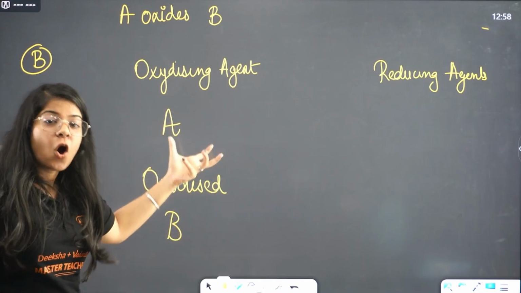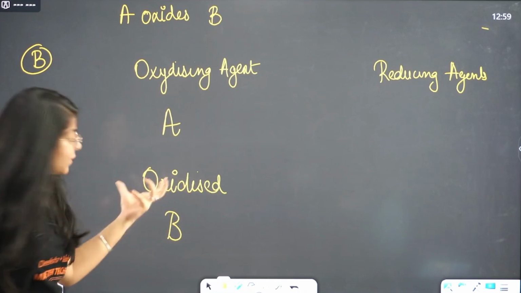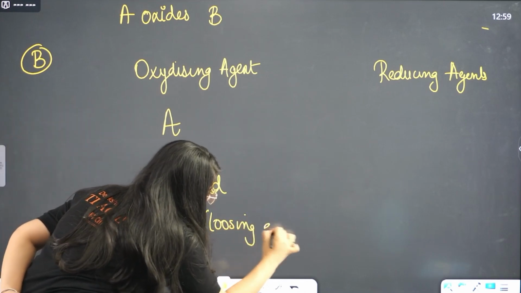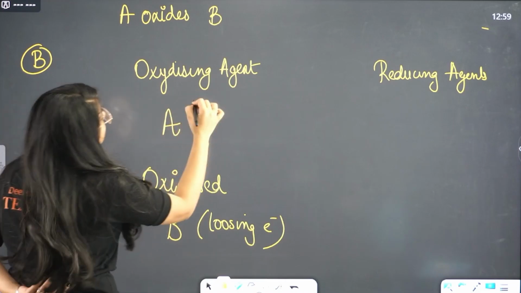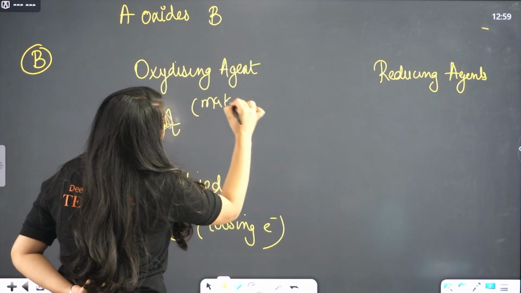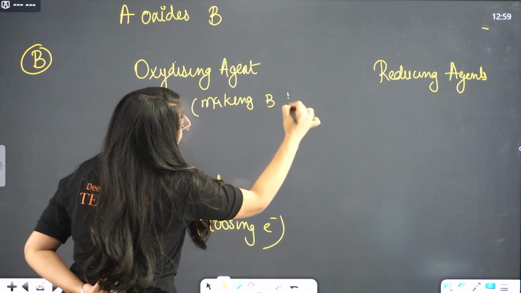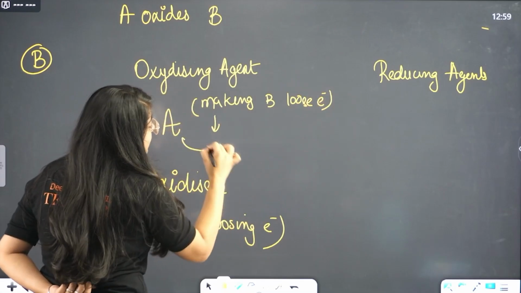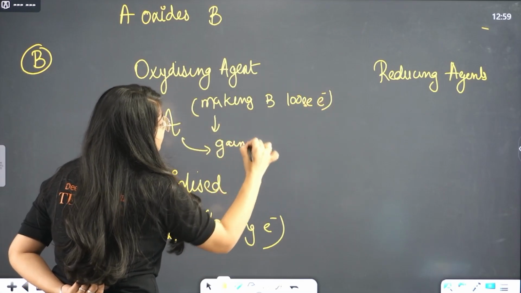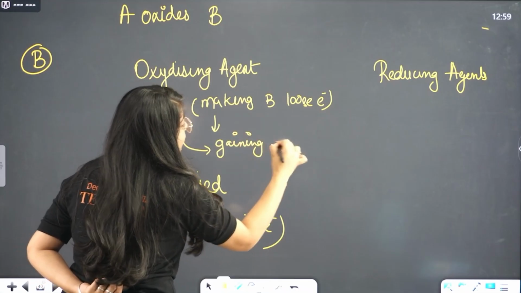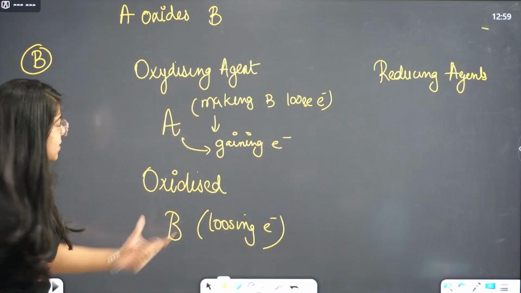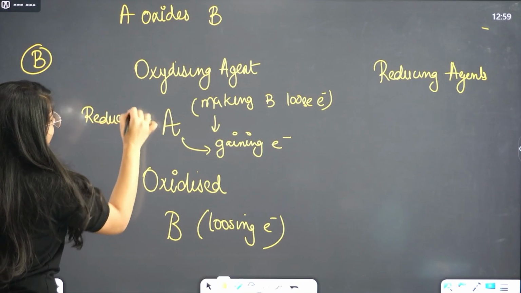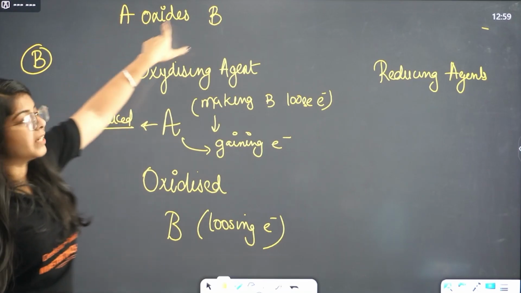So A is an oxidizing agent. But if B is losing electrons, then A is making B lose electrons. So that means A is gaining electrons. So B is oxidized, but A is reduced. Do you understand?